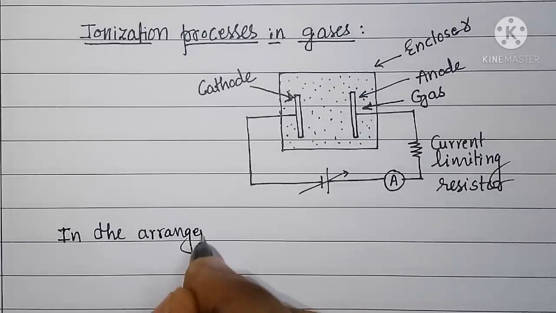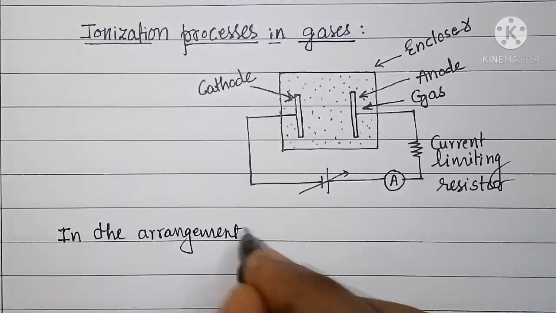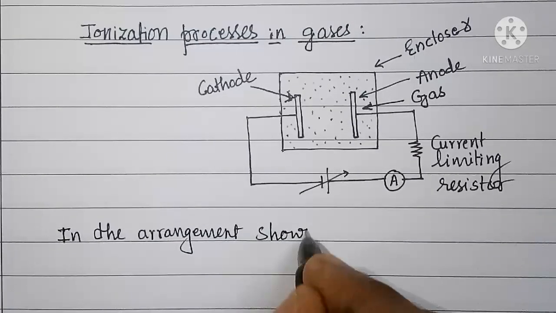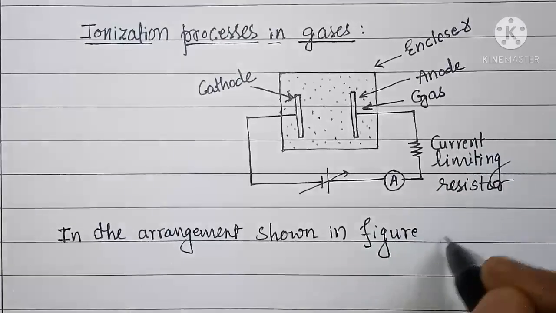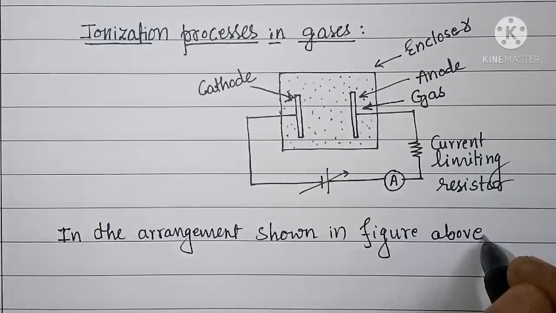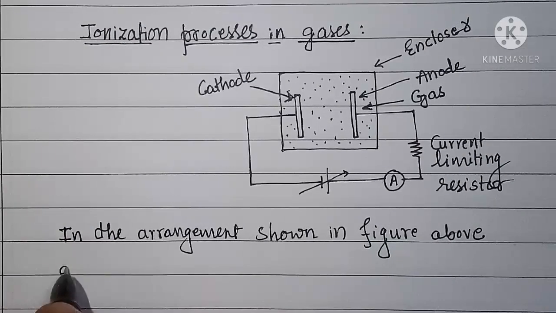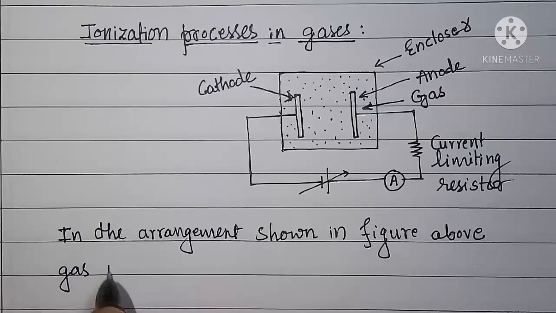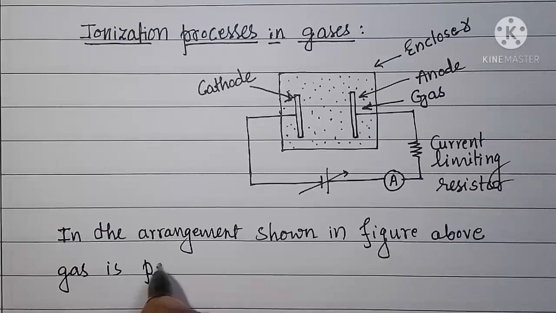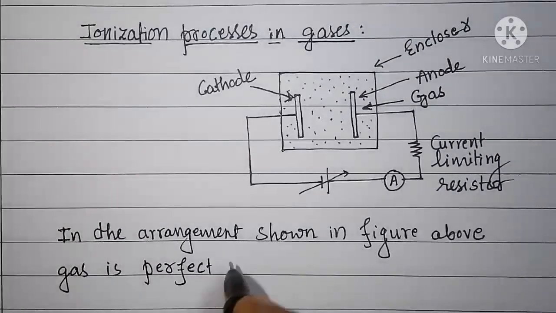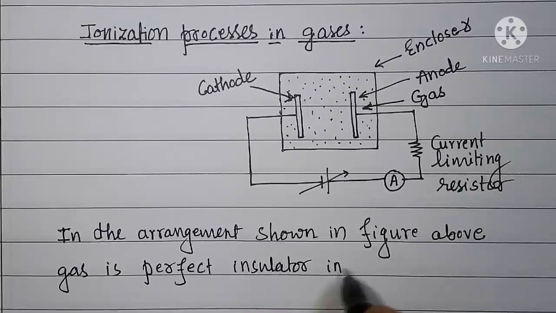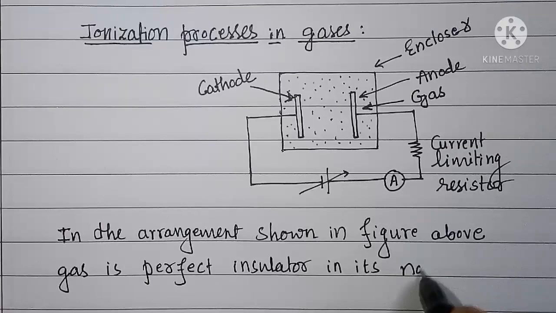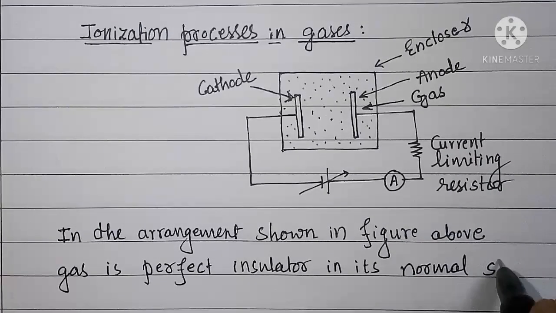In the arrangement shown in figure above, gas is a perfect insulator in its normal state.